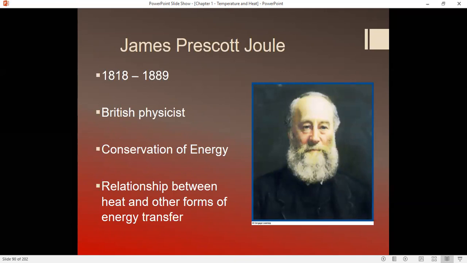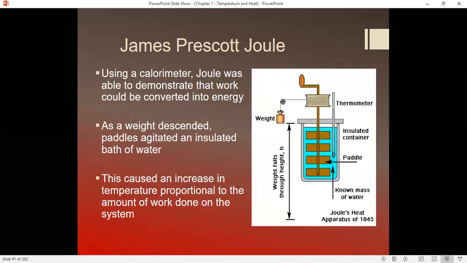Of course, we know that the joule is the SI unit for energy, and we introduced this in Physics 1. It's named after James Prescott Joule. He's the one who figured out that heat was a form of energy. He did this using a mechanical device. It would convert potential energy into heat using this system.